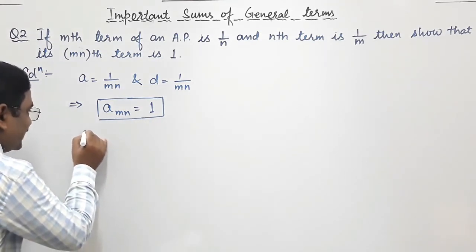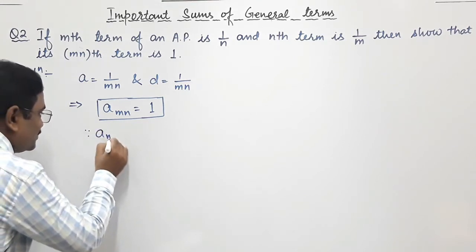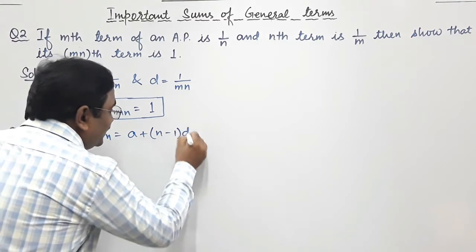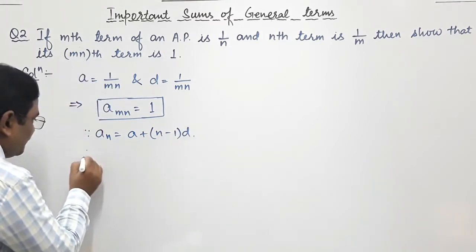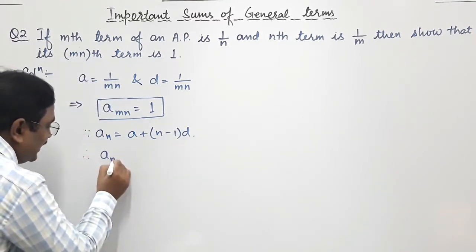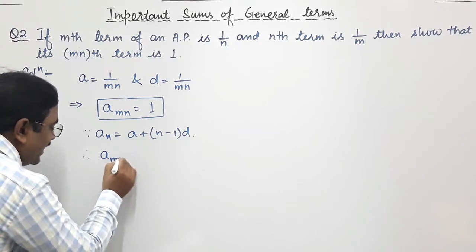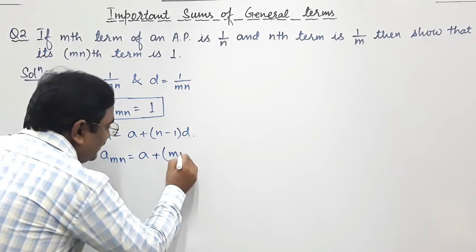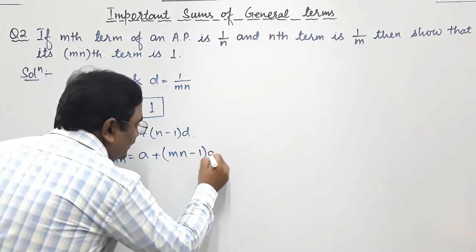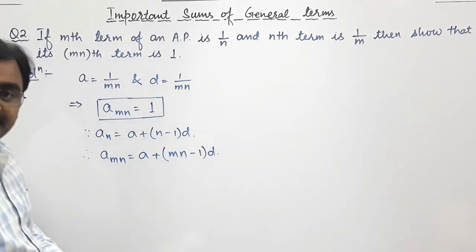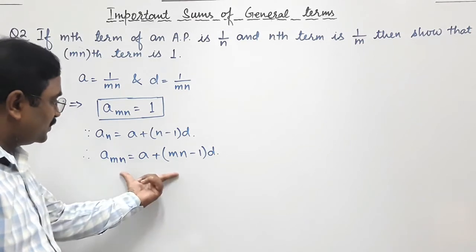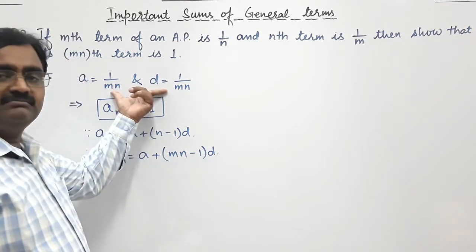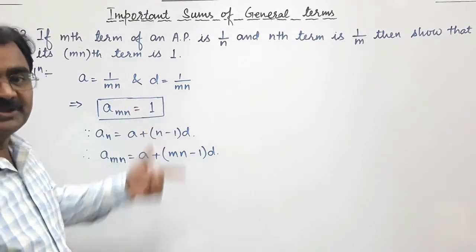So as we know that an is equal to a plus n minus 1 into d, based on this formula we have to find A of mn equals a plus mn minus 1 into d. Now in this equation we have to substitute the value of a and d from this information.